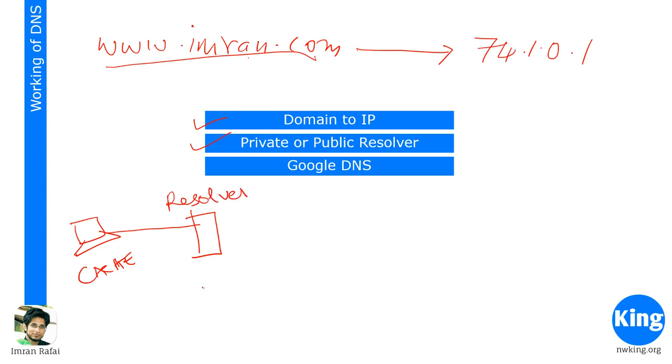Now the resolver again is going to look into its cache and say, okay, imran.com, no, I don't know anything about imran.com because I have not gone to imran.com earlier, so I don't have a lookup for the server for imran.com. So the resolver will send a request to something called the root server. Now there are about 13 root servers in the world, strategically placed in different countries, in different places.